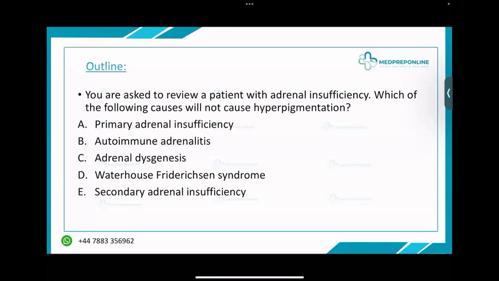Secondary adrenal insufficiency. Yes, your answer is? Answer is D. Waterhouse. E. Primary hypertension. Yes, anyone?